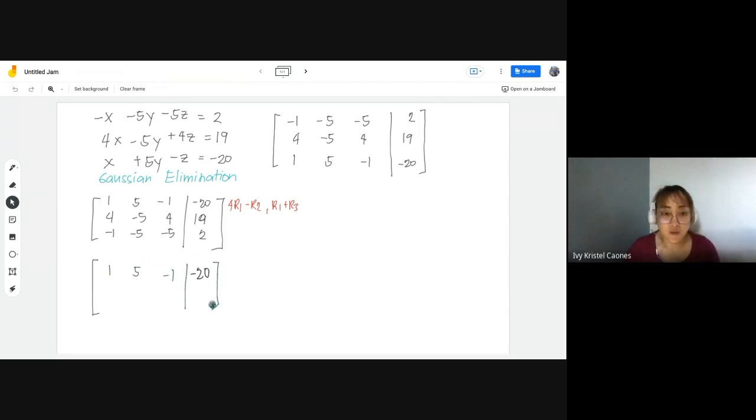So that will be 4 times 1 is 4, minus 4 is 0. 4 times 5 is 20, plus 5 is 25. Then 4 times -1 is -4, minus 4 will give you -8. And 4 times -20 is what? Minus 19 is how much?